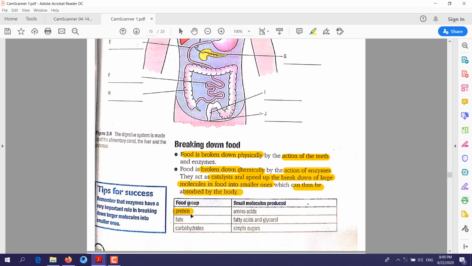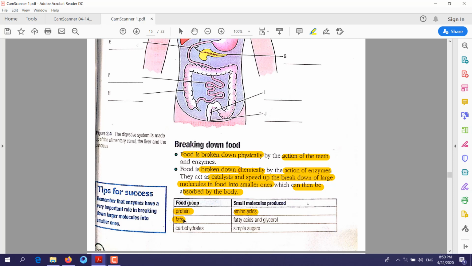When your digestive system breaks down the proteins chemically, it breaks them down into amino acids. A group of amino acids together form the protein.